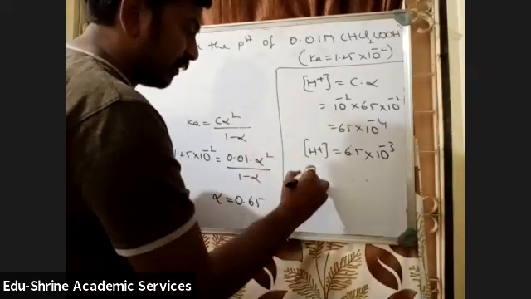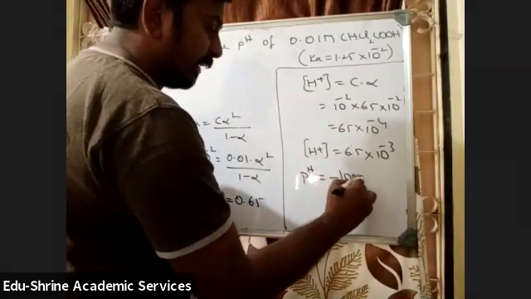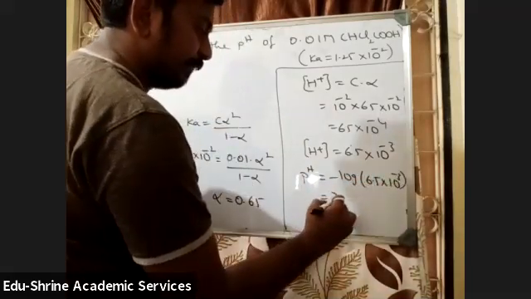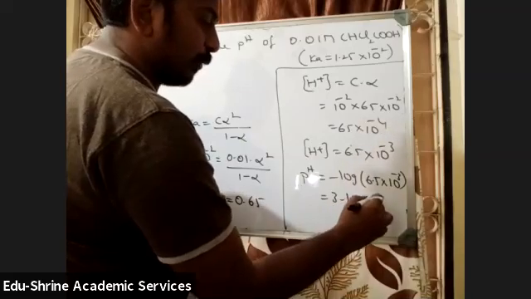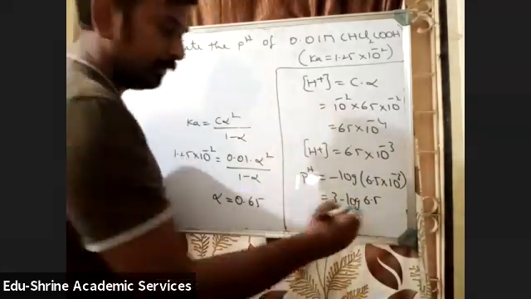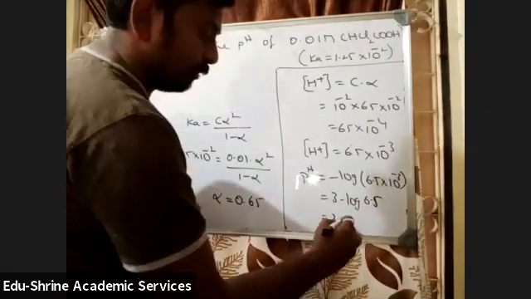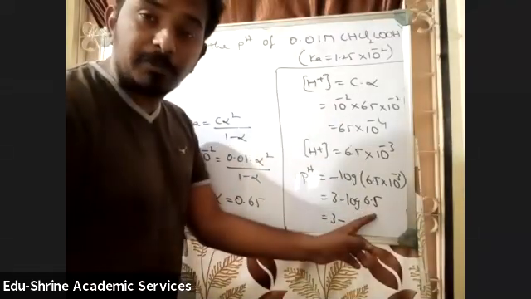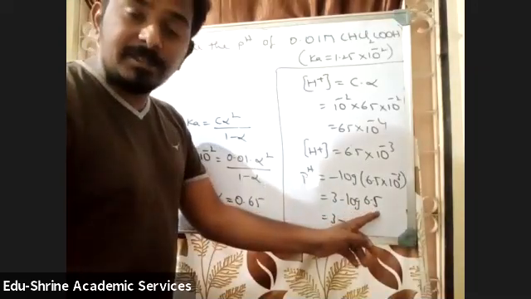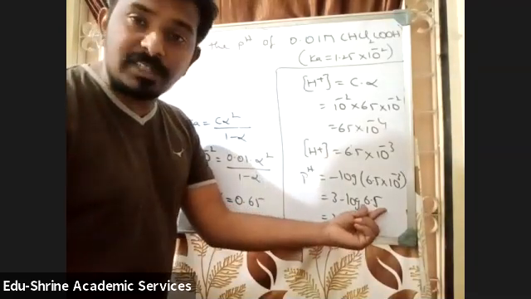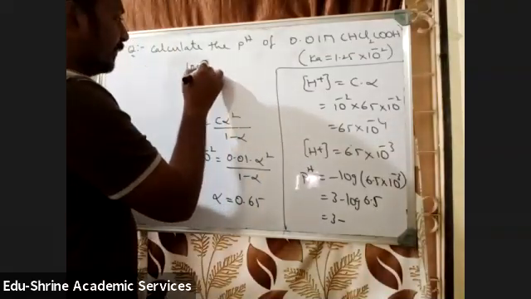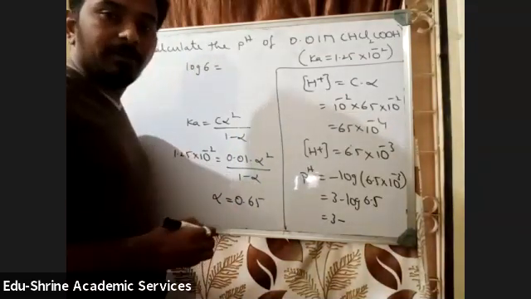Now calculate pH. pH is equal to minus log 6.5 into 10 power minus 3, that is 3 minus log 6.5. How will you come to know the log 6.5 value? It lies between log 6 and log 7. What will be the value of log 6, students?